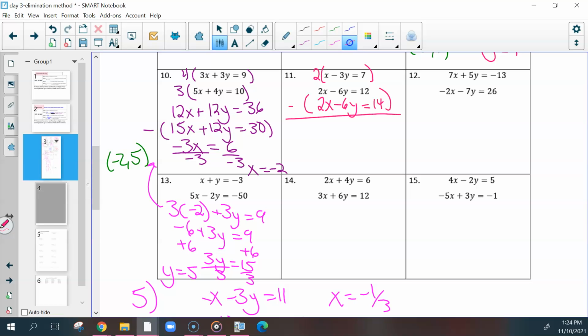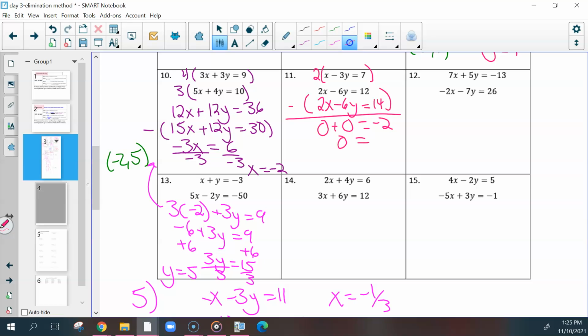Two minus 2 would give me 0. In this case, -6 minus -6 would also give me 0, because we have the same coefficient for both x and y, so they would both cancel. And then 12 minus 14 would give me -2.